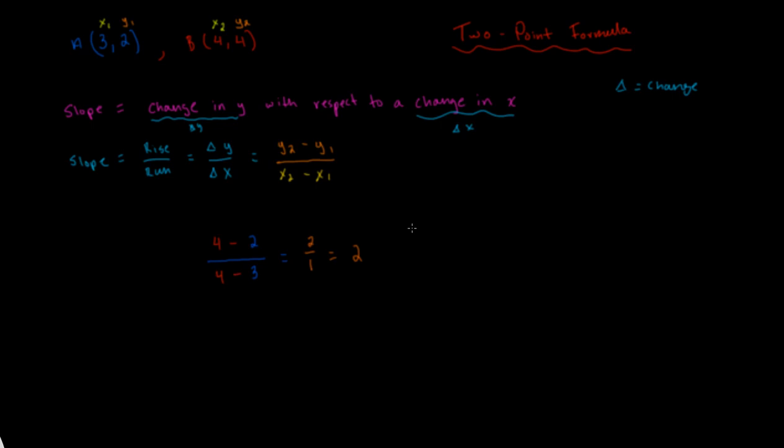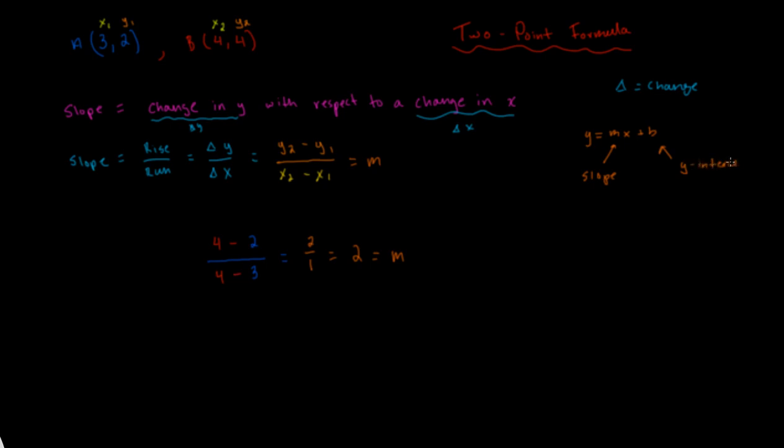So the slope of our line, we can say that this is equal to m, because if we look at our formula for the slope of a line, we have y equals mx plus b, where m is our slope and b is our y-intercept. That's where the line crosses the y-axis.